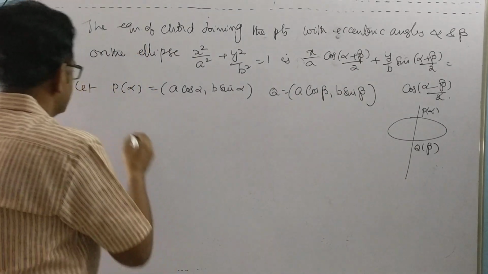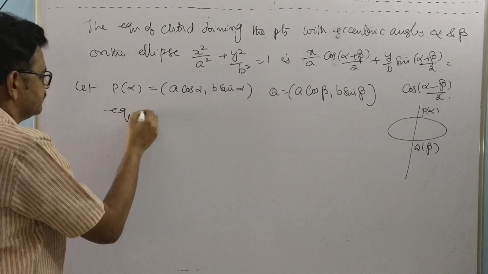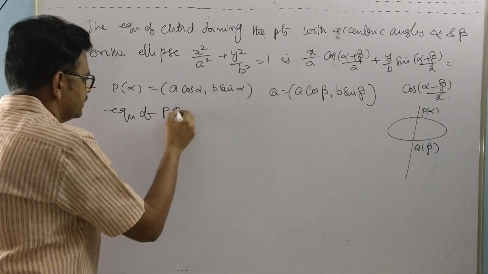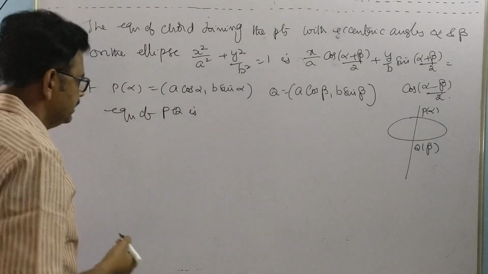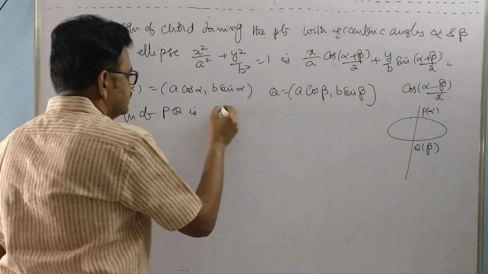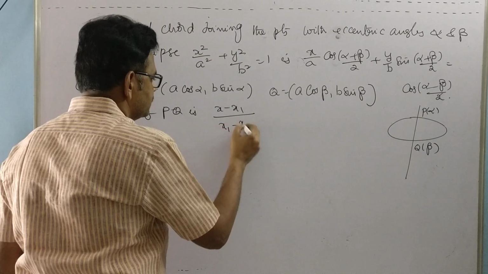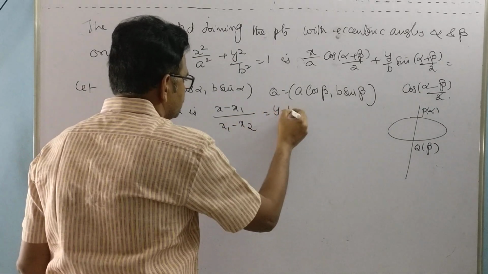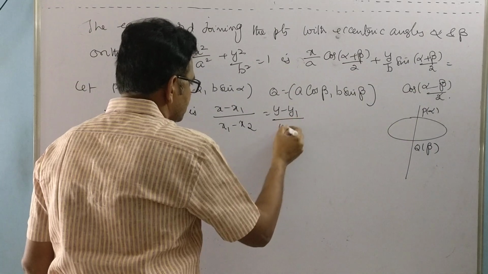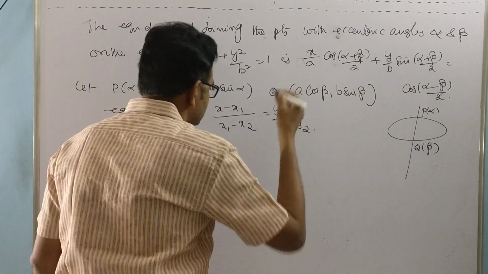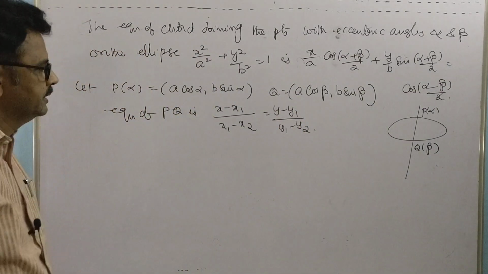The equation of PQ, by using the formula, is (x minus x1) by (x1 minus x2) is equal to (y minus y1) by (y1 minus y2). This is the equation of the chord joining 2 points.